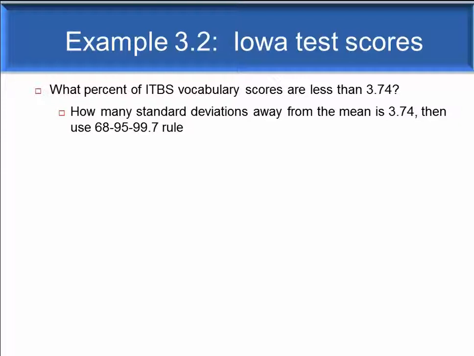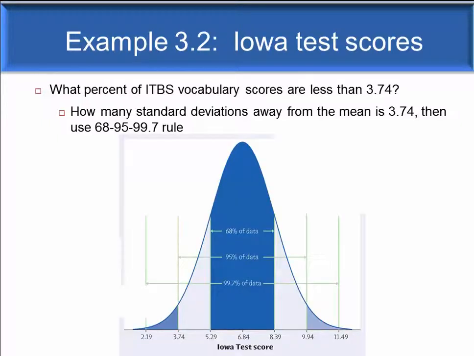Well, since we know that this is a normal distribution, we can apply the 68, 95, 99.7 rule and try to determine how many standard deviations away from the mean is 3.74, and then use some subtraction to pull the pieces together to figure out what percent of values falls below 3.74. Remember that 68, 95, 99.7 rule is all about percentages of distribution.